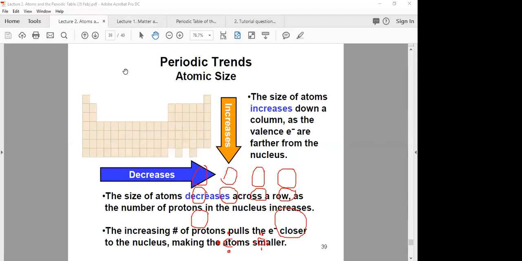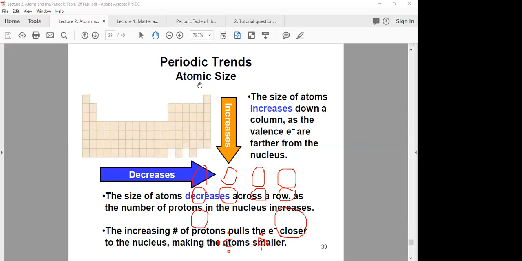All right, our second last feature of the periodic table. And this is how to look at the increasing or decreasing size of the atoms of each of the elements, how to determine which one's larger than the other.